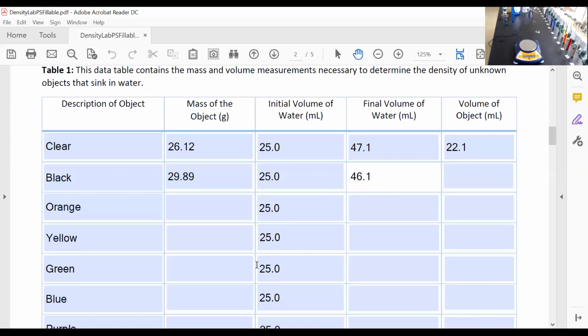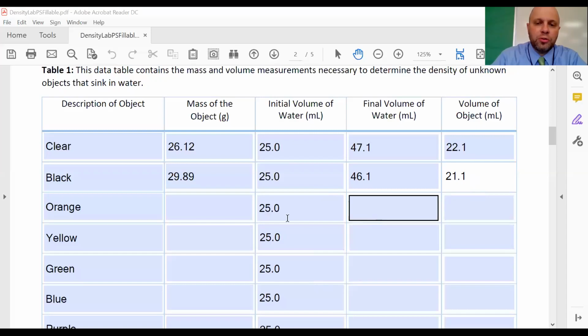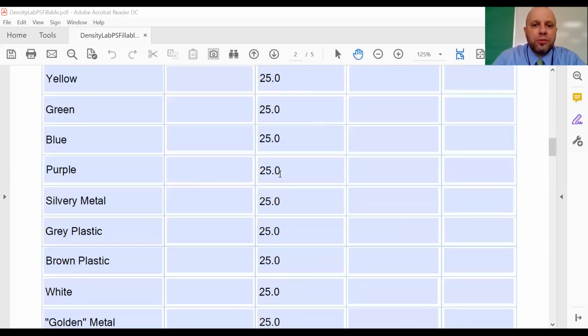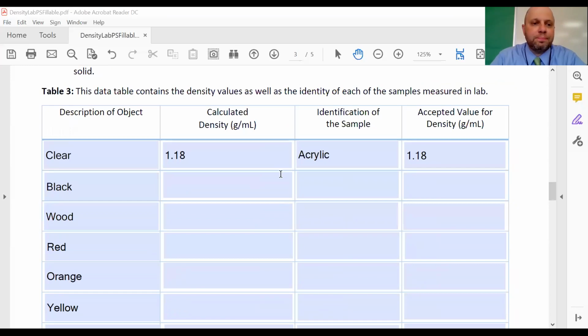When we subtract these, we will get a volume for the object that is equal to 21.1 milliliters. And now, first I'm going to jot down these two numbers, so 29.89 and 21.1. We can scroll down to our calculation section.